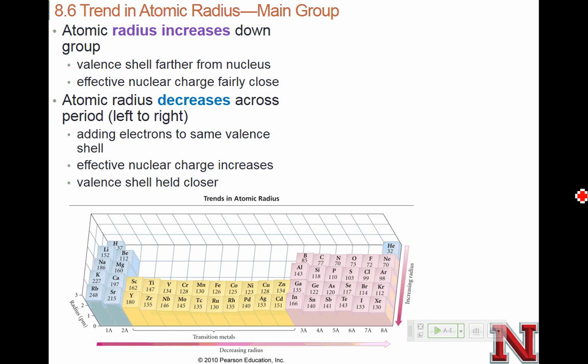So as we go across, we have the same principal energy level. Carbon, nitrogen, oxygen, they all have a principal energy level of 2. So the size isn't getting bigger that way. But as we go across, carbon has only 6 protons in its nucleus. Nitrogen has 7, oxygen has 8.